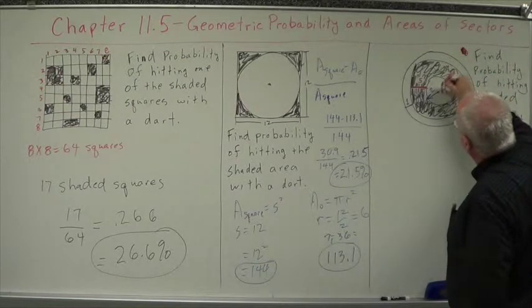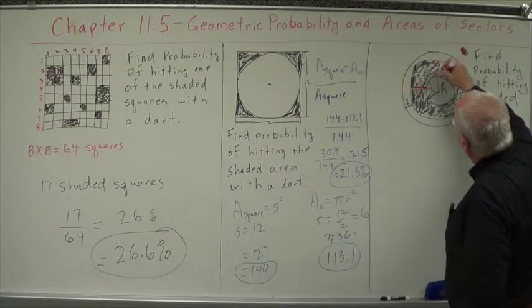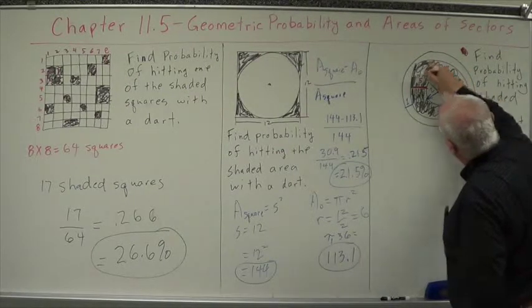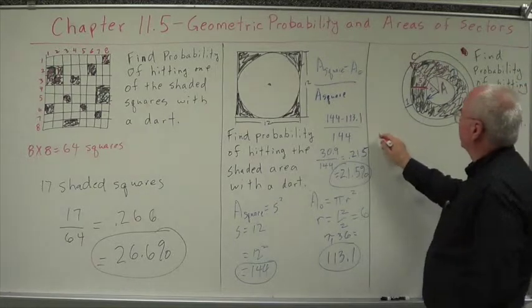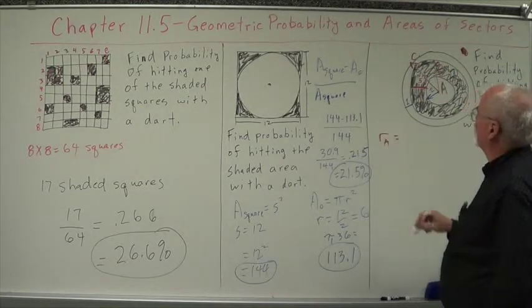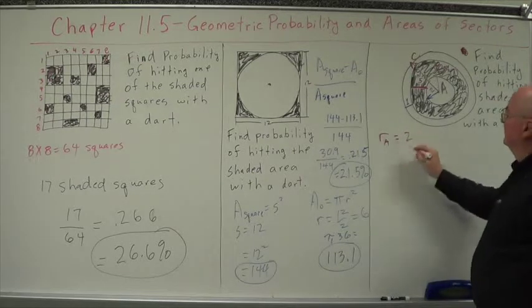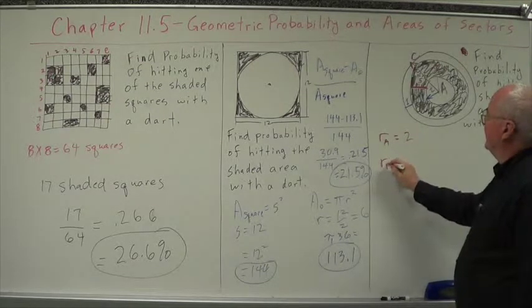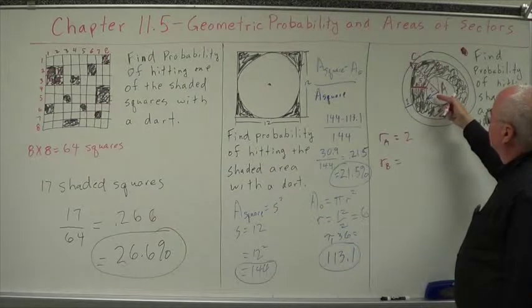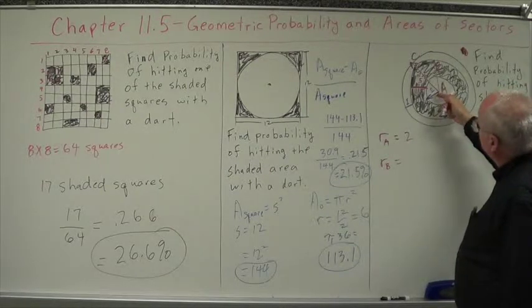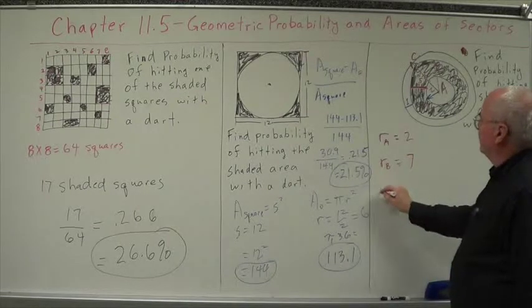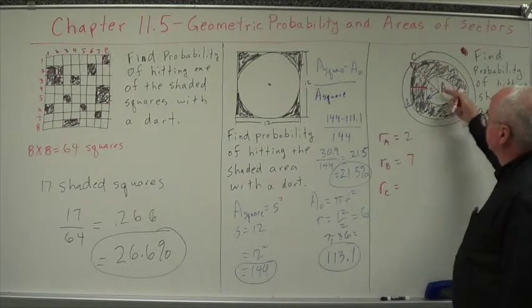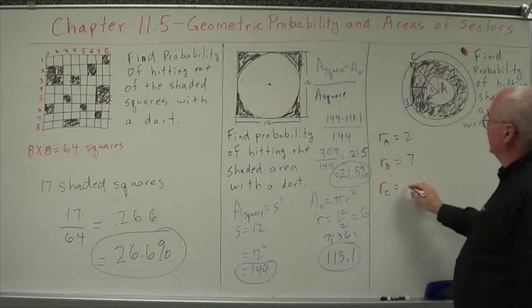Circle B goes to here, and circle C goes to there. Well, the radius of A equals 2. What's the radius of B? 2 plus 5 is 7. What's the radius of C? 7 plus 1 is 8.